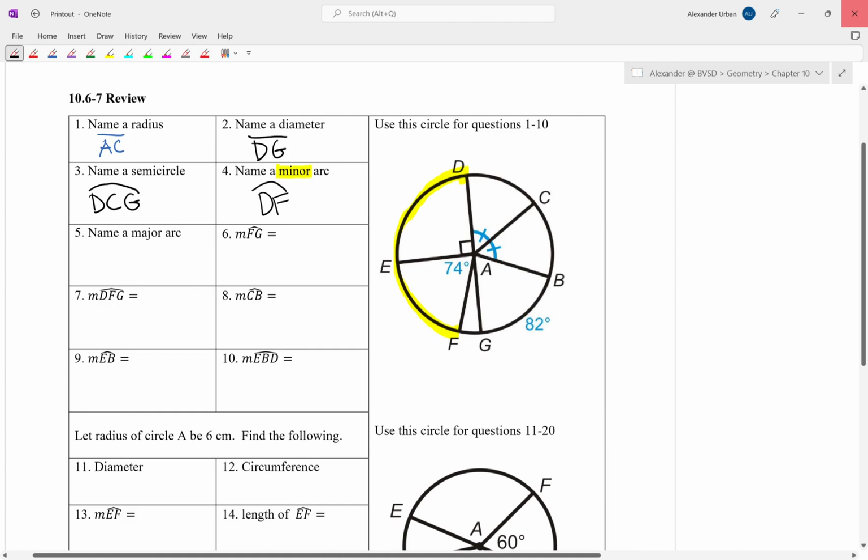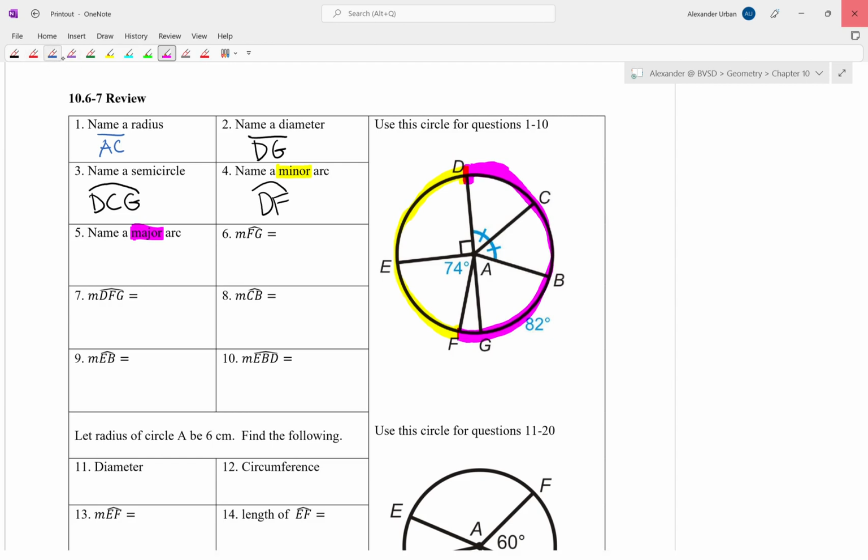But if I want a major arc, it's the same place. So in this case, I'm going to go D to F, but I'm going to go around the long way. So this is the purple or the pink here. And so I got to go from D through C, through B, through G, through F, but I only want to choose 3 points to write it in.